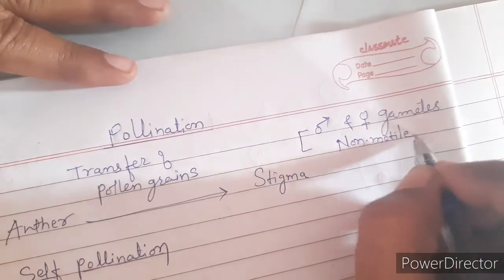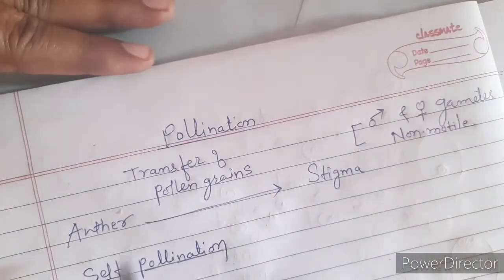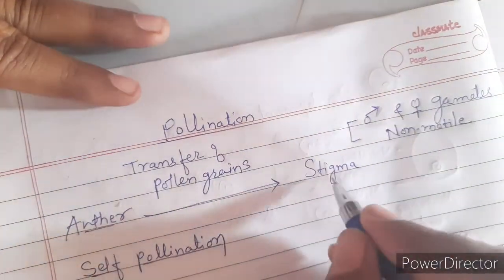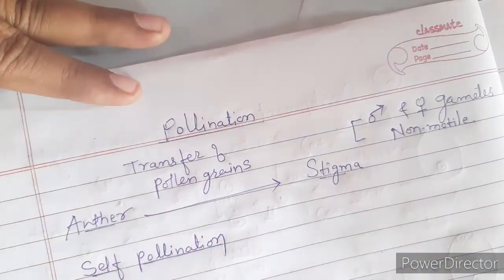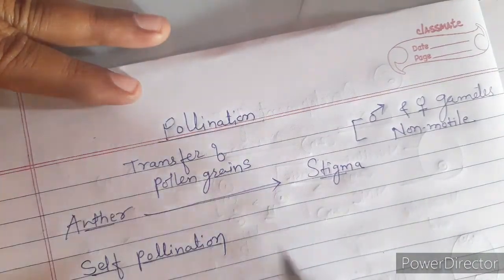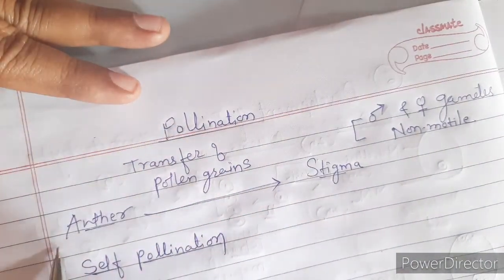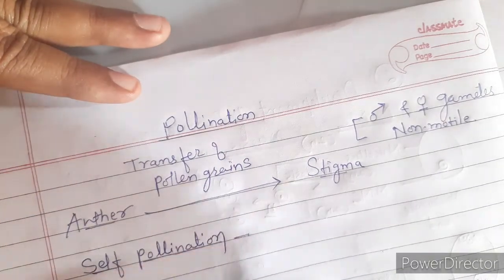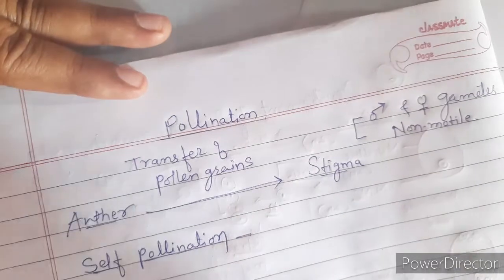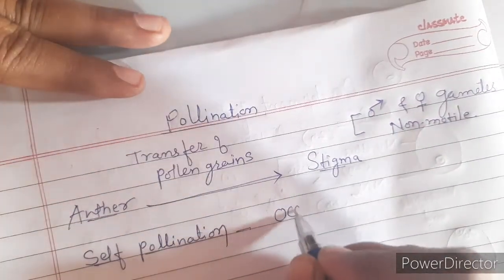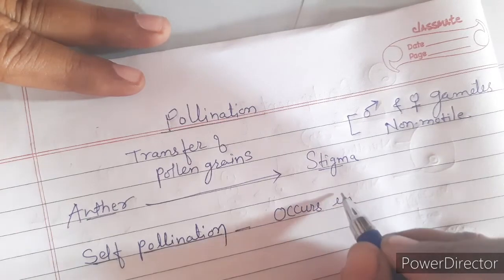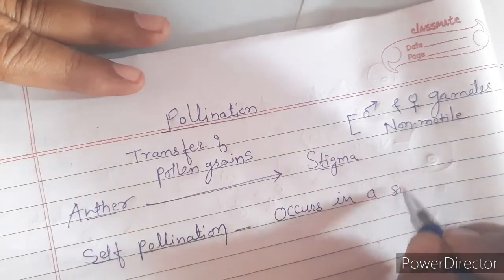So the pollen grains are transferred from the anther to the stigma. Self-pollination actually occurs in a single plant.